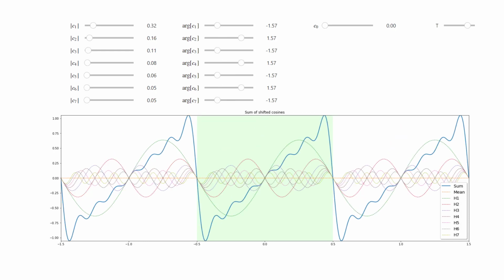Since it's so much fun, I've continued playing with the sliders, and look what has appeared, something that looks like a sawtooth wave. Again, if you would take more and more terms in the approximation, you would be able to improve on your approximation. As you can see now, all harmonics are present in the signal. Since the sawtooth wave is an uneven function, we expect a sum of sines, because sines are uneven functions, and this is indeed the case.